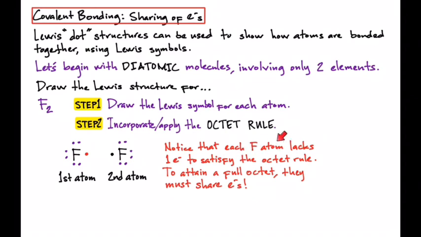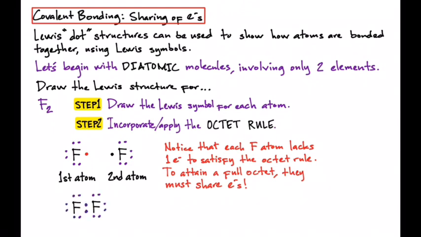Each fluorine atom lacks 1 electron to satisfy the octet rule. In order to attain a full octet, they must share those electrons. So this fluorine right here will share its single electron with this fluorine, and the second fluorine will also share its unpaired electron with the other fluorine atom. And so it looks something like this.